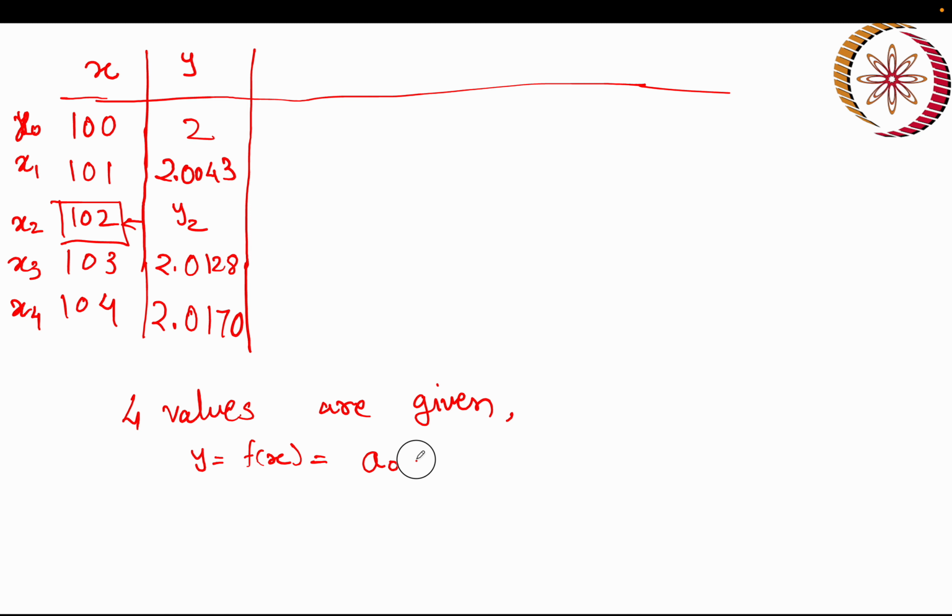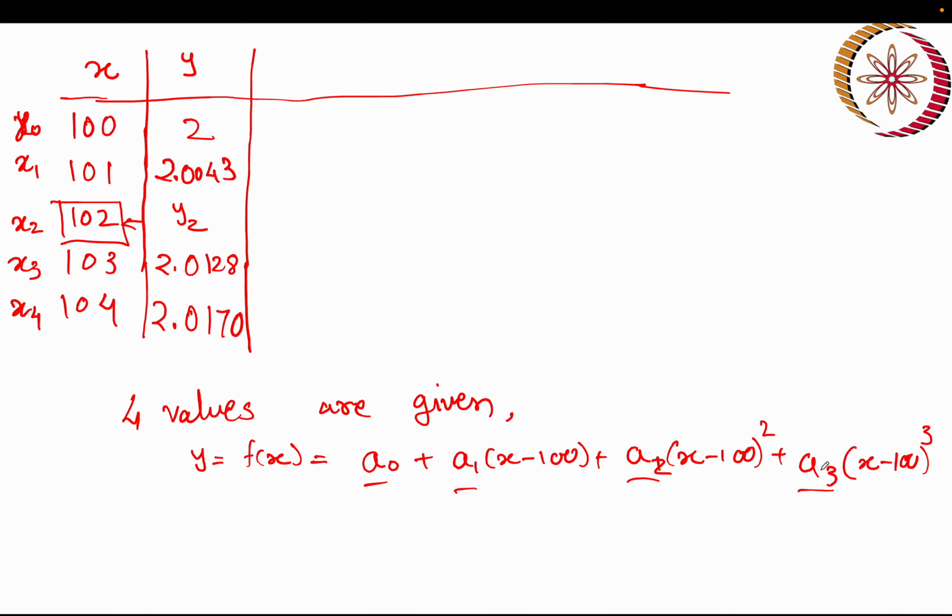So let's say a0 plus a1 (x minus 100) plus a2 (x minus 100) square plus a3 (x minus 100) cube. So this equation has these constants, and these constants can be determined. 4 constants are there, so 4 values are given. So we can write the 4 equations and get these values, or we can use any method like the Lagrange method or Newton's divided difference method to get this polynomial and find out the values.